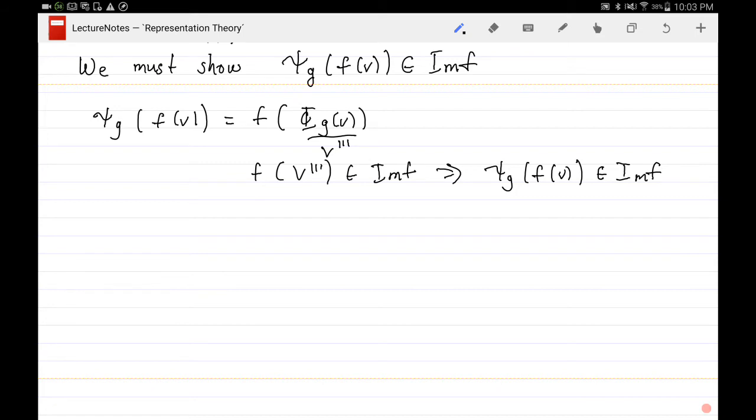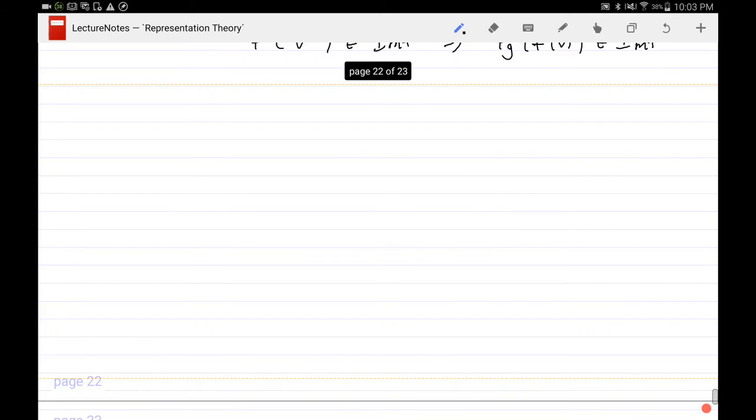Okay, so a few definitions. So we have an irreducible representation.